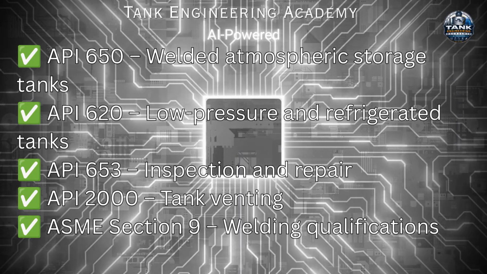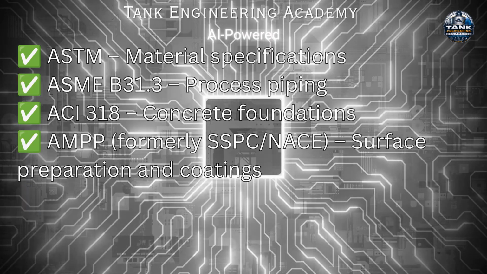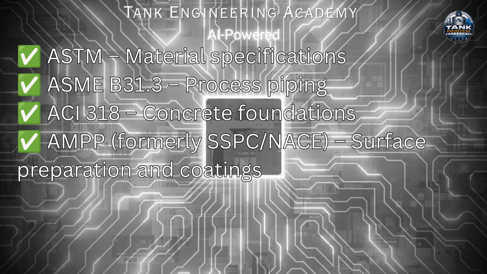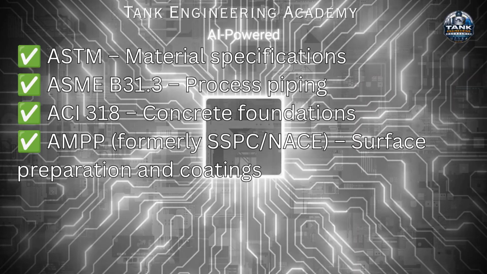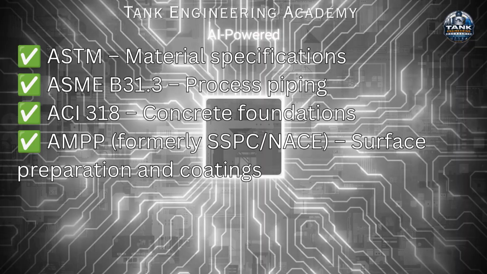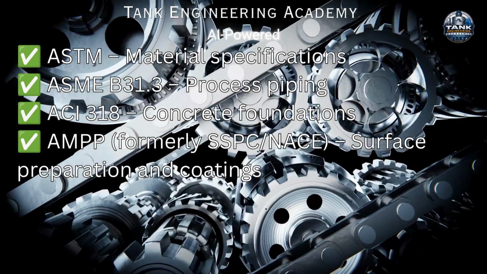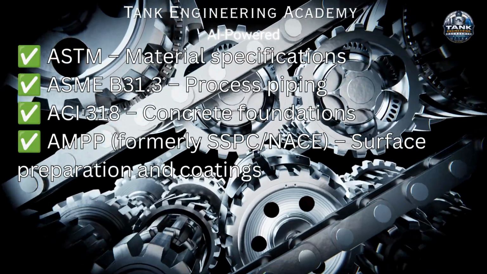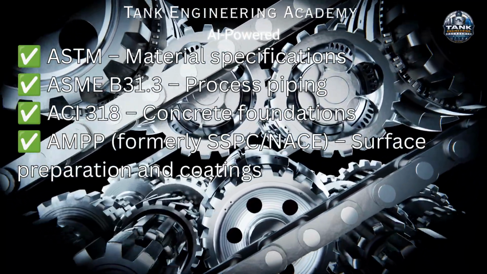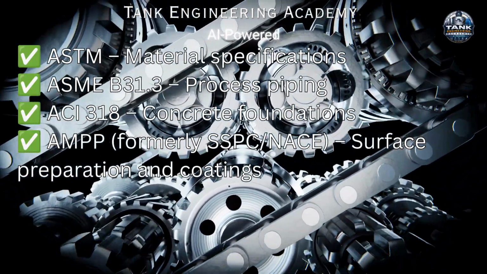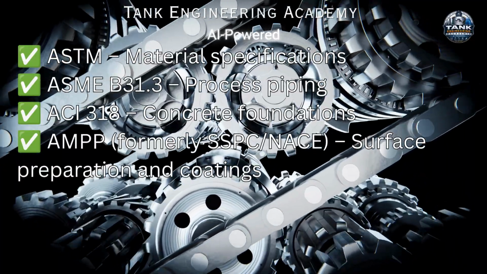ASME Section 9, welding qualifications. ASTM, material specifications. ASME B31.3, process piping. ACI 318, concrete foundations. Together, these standards help engineers deliver storage tanks that are safe, reliable, and compliant.